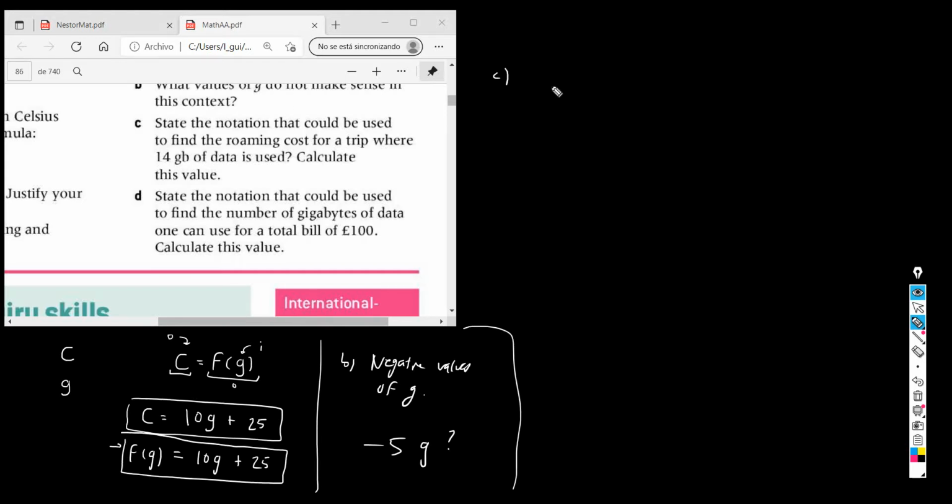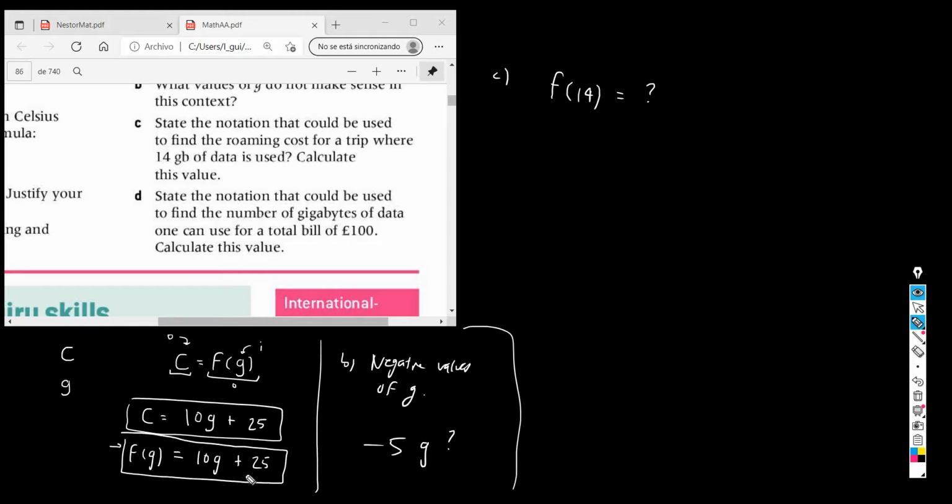Then what you are looking for is this, f of 14, right? You see the value of the function, which is the cost when you have used 14 gigabytes of data.